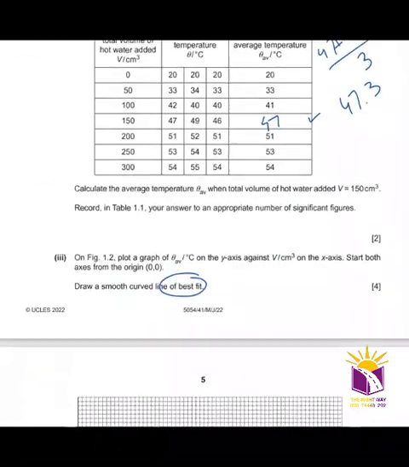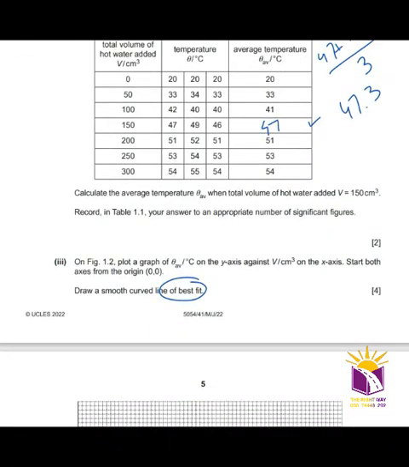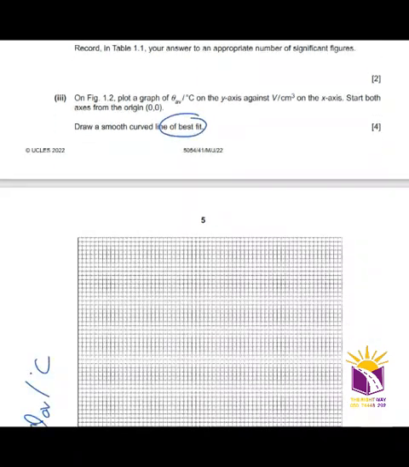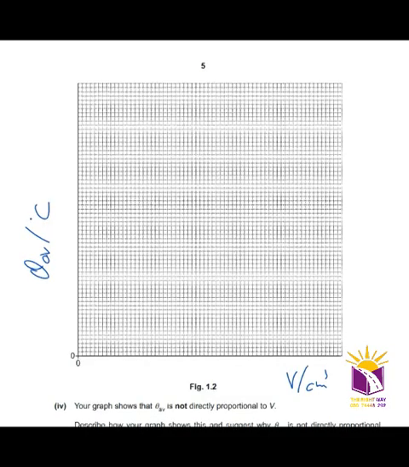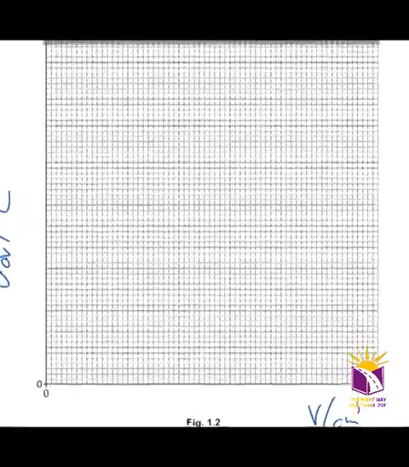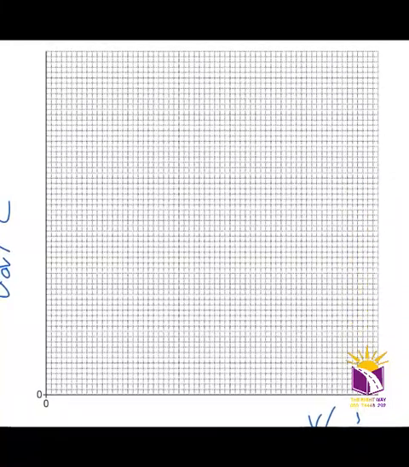So our theta average is from 20 to 54. So we have to divide our graph between 0 to 54 on the y-axis.